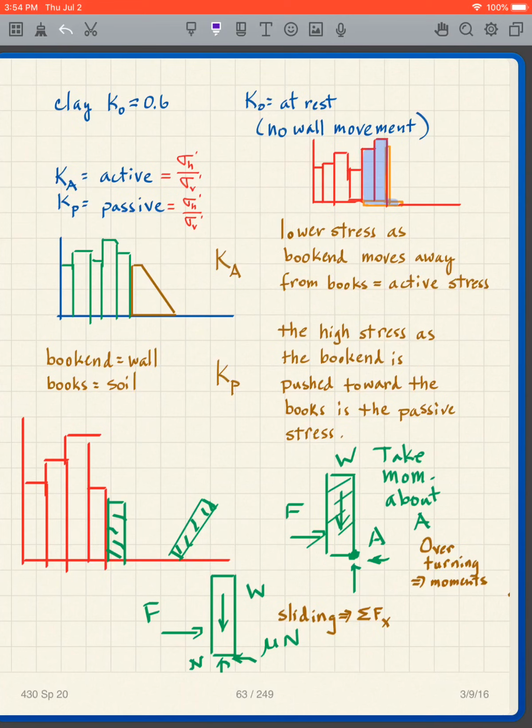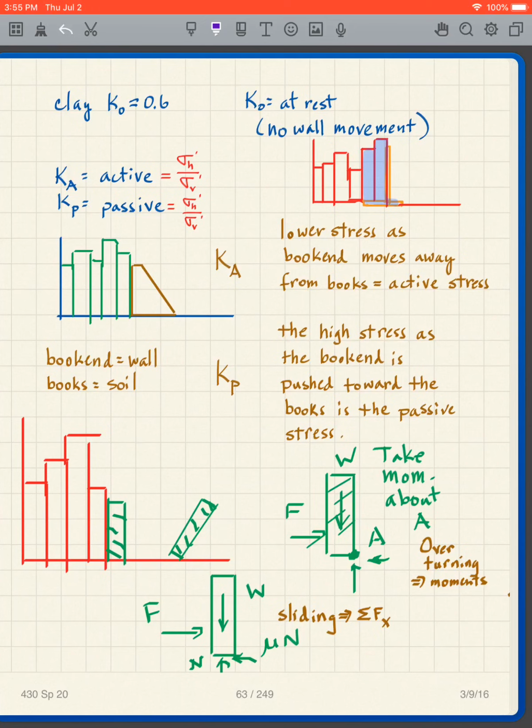And so this type of wall, a big, heavy wall that we build for the purpose of holding back our soil, is called a gravity wall. We have to have it heavy, so we need to generate friction at that base. That's one of the things we need.